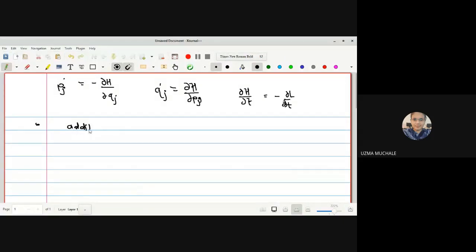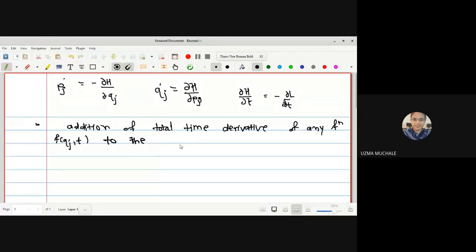Addition of total time derivative, that means we are going to differentiate with respect to time any function of the form f of qj and t, to the Lagrangian of a holonomic system.